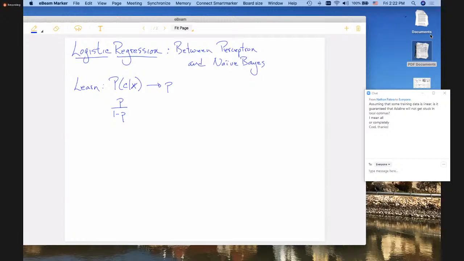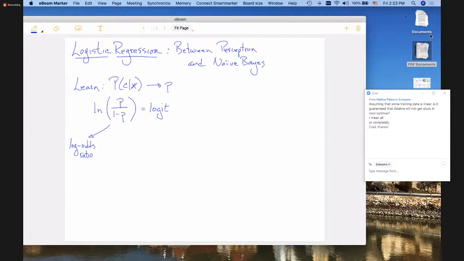Well, if we take the log of this ratio, and by the way, that ratio is also sometimes called the odds ratio, then this function, the log of the odds ratio, we also sometimes call the logit function.